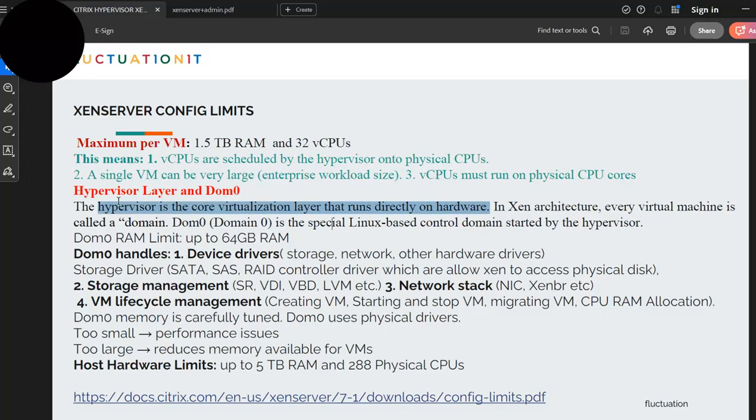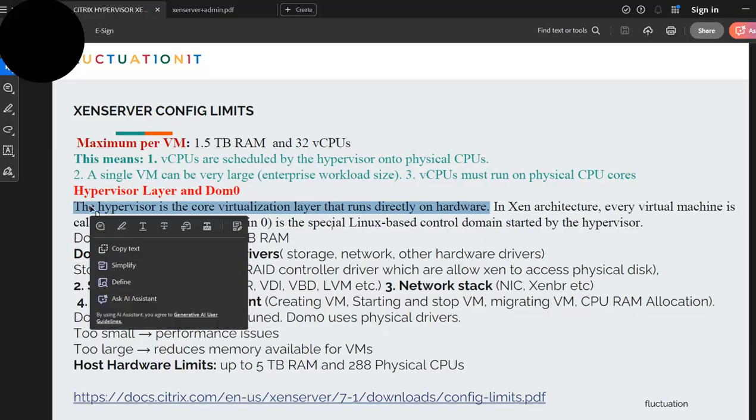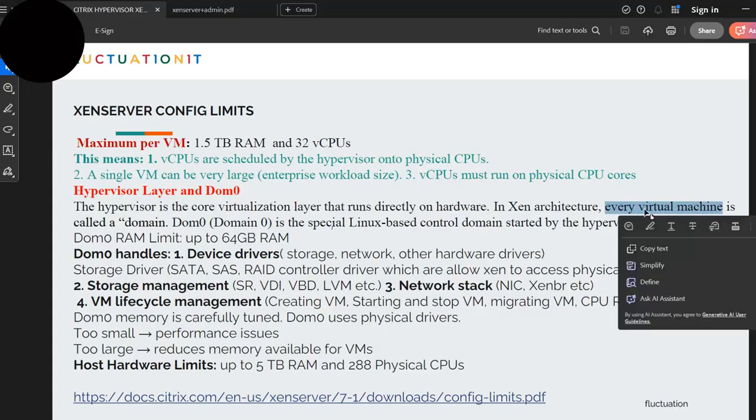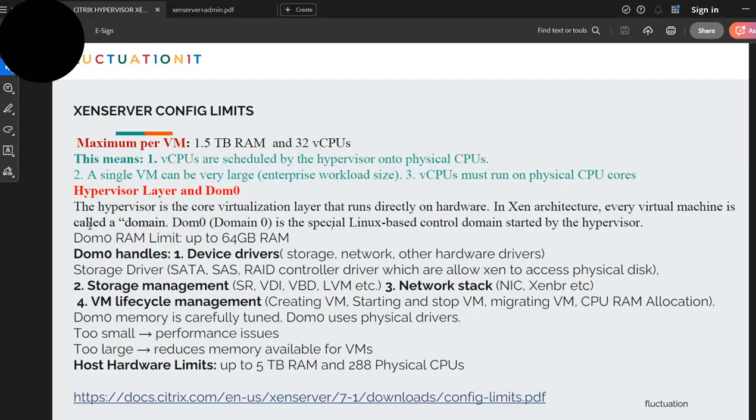This is the main concept of a type 1 hypervisor: the core virtualization layer that runs directly on the hardware. In Xen architecture, every virtual machine is called a domain. Understand? In Xen architecture, that means in XenServer, each and every VM is called a domain.